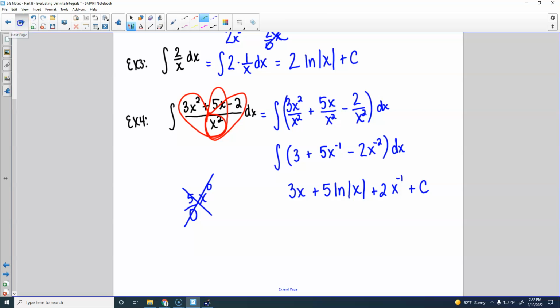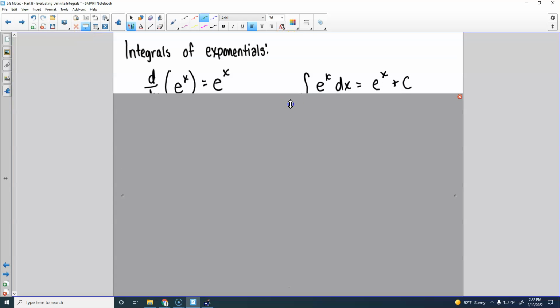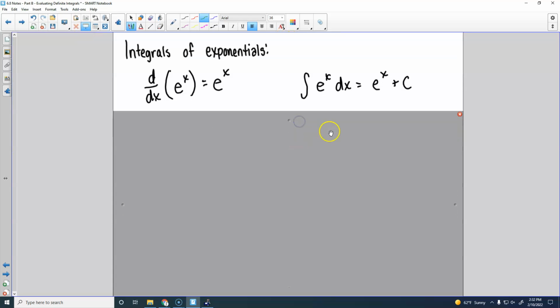Okay. All right. Exponentials. Here's some good news. They're going to be easy. Because what's the derivative of e to the x? E to the x. So what's the integral of e to the x? E to the x. Plus c. Yeah, so the derivative of the exponential is itself.